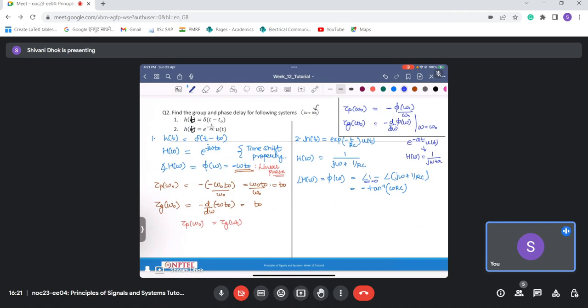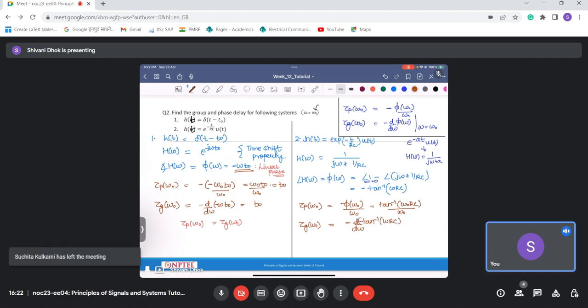Therefore, if I calculate my phase delay, tau p of omega naught is given as minus phi of omega naught upon omega naught. So this is tan inverse of omega naught RC by omega naught. And the group delay tau g of omega naught is basically minus d by d omega of tan inverse omega RC, evaluated at omega equal to omega naught.